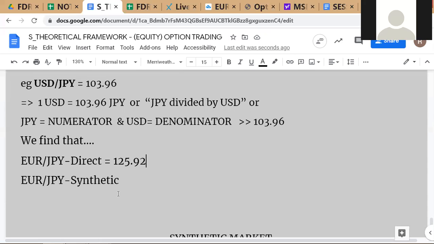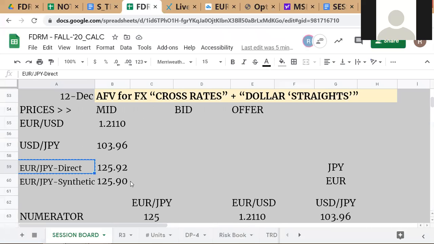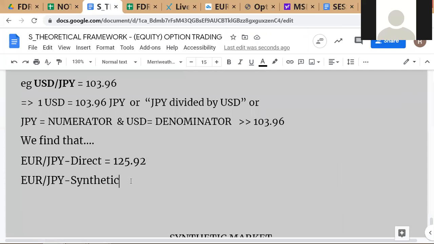You just hear a sound. Okay. All right. So 125.92 is the direct price, and this is 125.90.